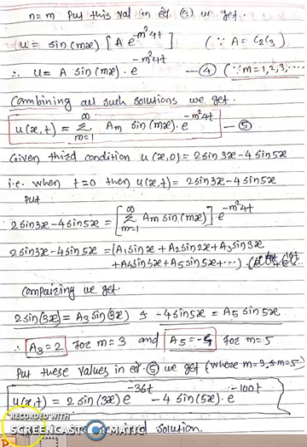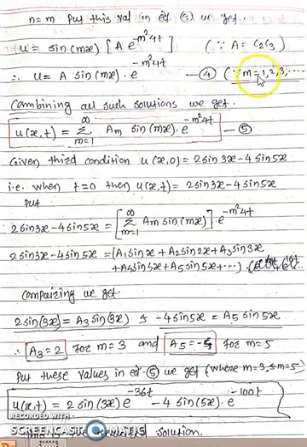Then therefore for m is equal to 1, 2, 3, we have to combine all the solutions. Hence U of xt is equal to summation of m is equal to 1 to infinity Am sin mx into e raised to minus m square 4t. So this is equation number 5 after using the second condition.